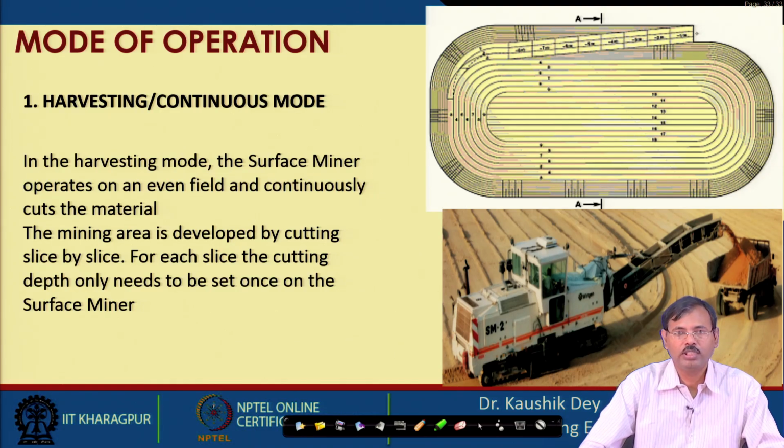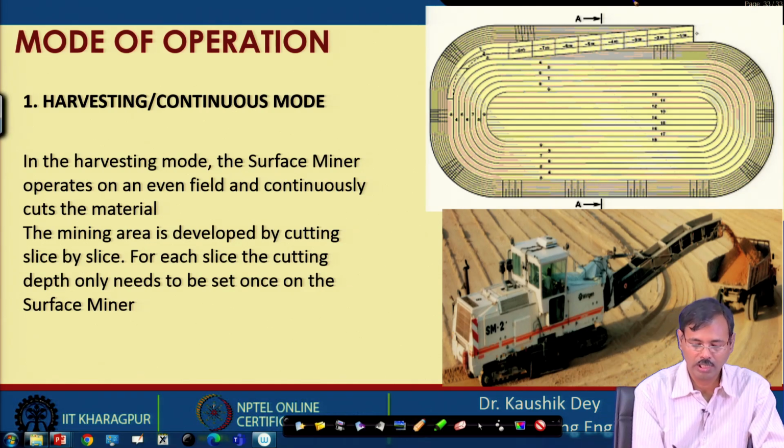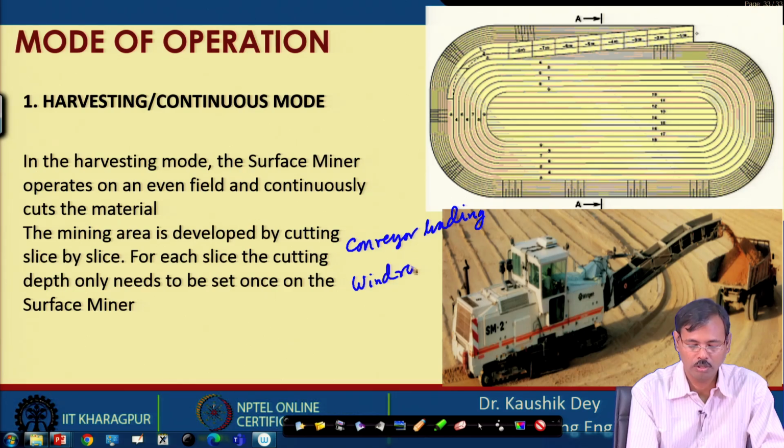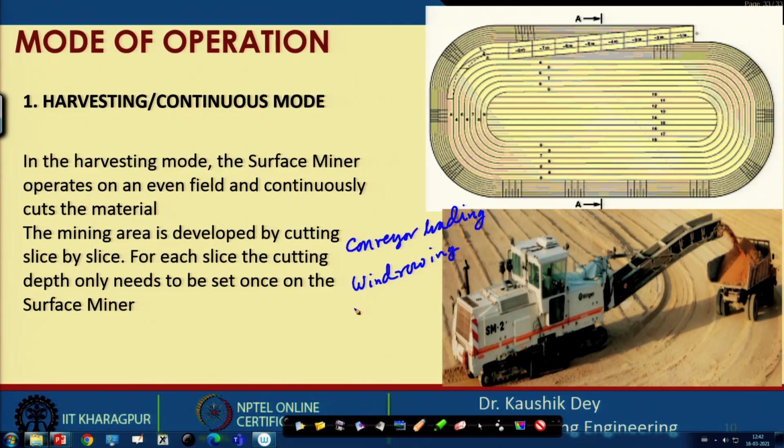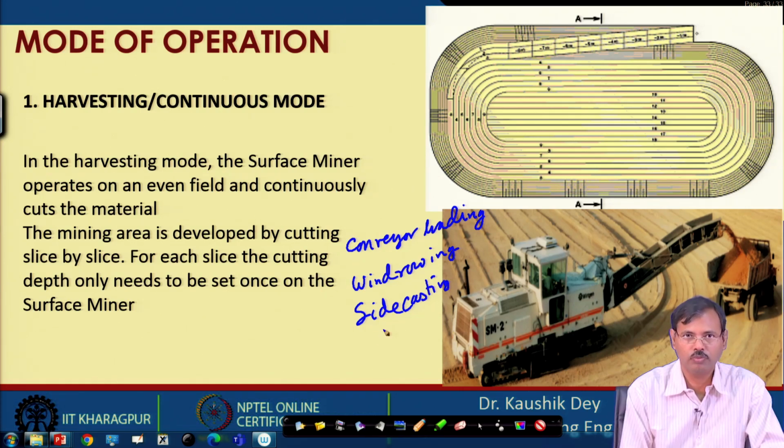So, in the last class we have seen that we have options to use surface miner either in conveyor loading mode, or we can go for windrowing mode. Another type of windrowing is also possible, that is called side casting, where the conveyor is used for casting or windrowing the material.